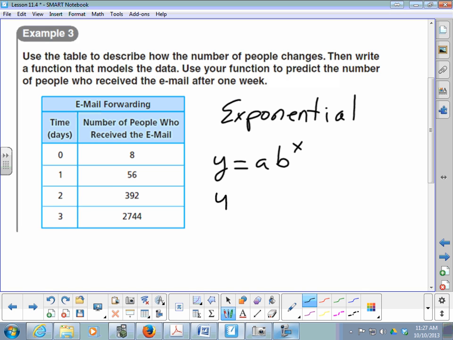So we get y equals 8 times 7 raised to the power of x. And how many days are in a week? 7. Okay, so 7 to the 7th power then would be how many people have it after a week. Or I could just multiply this number by 7 and keep going 4 more times.